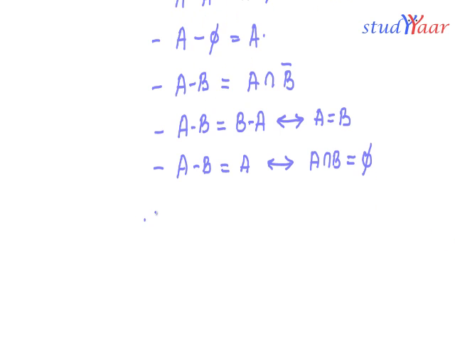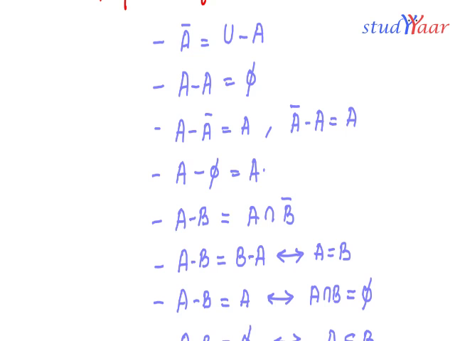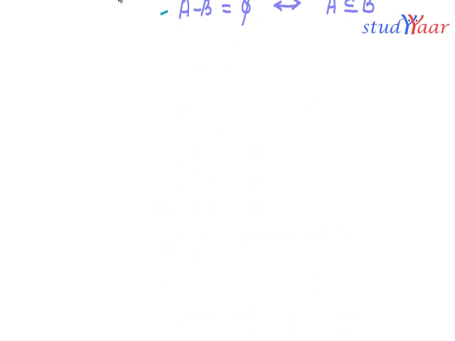And the final property that we have is A minus B is equal to a null set if and only if A is a subset of B. So these are the properties that might be useful in solving some specific type of problems that we are going to see later. Now let's look at another operation, the last set operation.